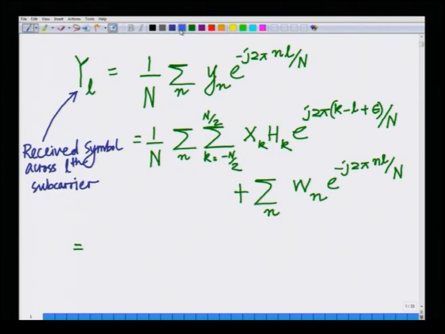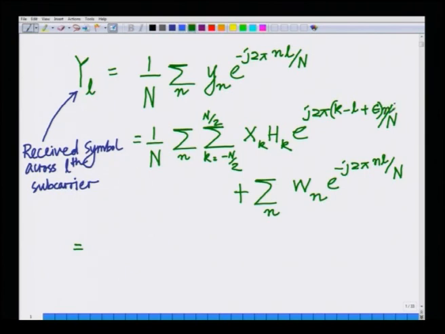Now, when k equals L, this goes to 0, so this simply reduces to x L h L e power j 2 pi epsilon n over n. There should be an n here, there is an n missing.